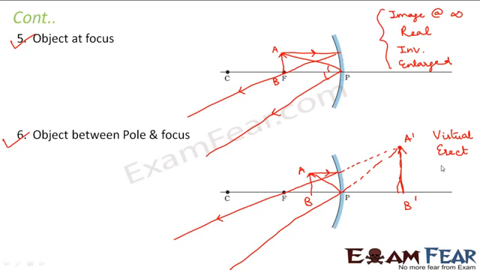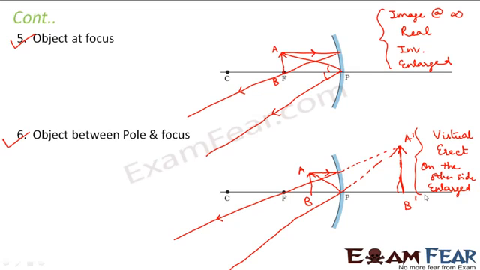What is the location of the image? In this case, the image is formed on the other side of the mirror. Till now the image was getting formed on the same side of the mirror. Now it is formed on the other side of the mirror. What about the size of the image? It is enlarged, right?